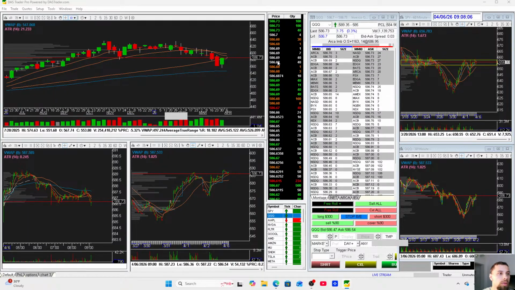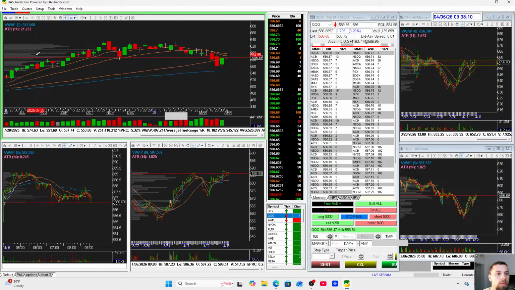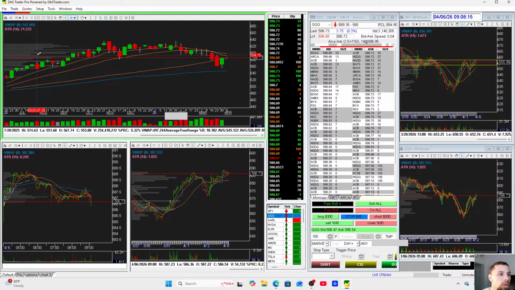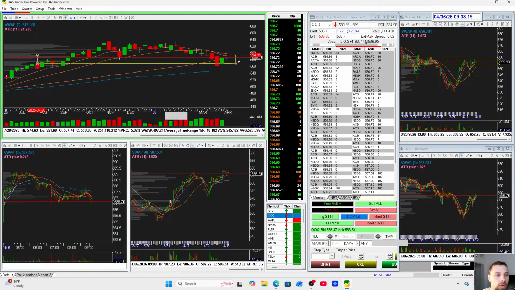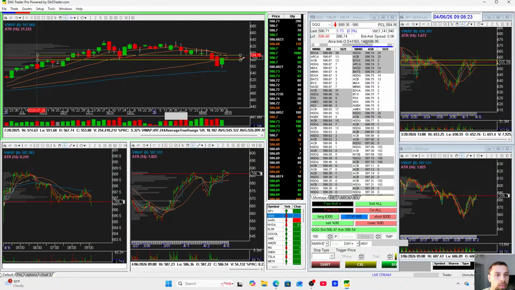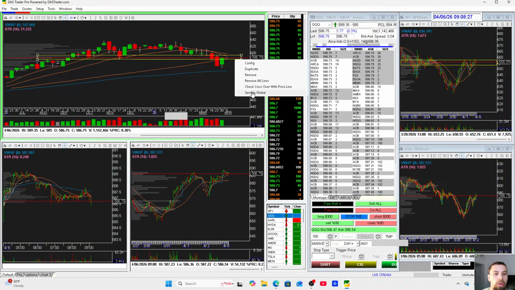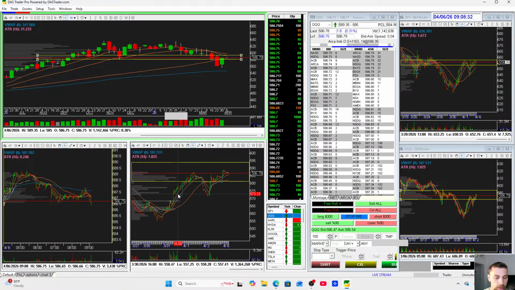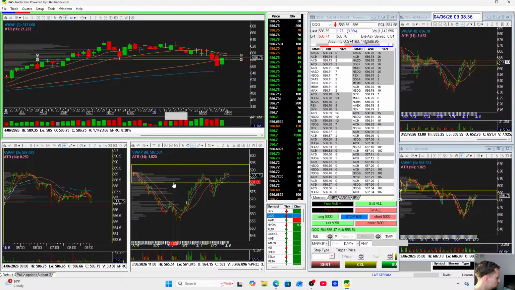Okay. Alright, area of resistance here that I'm going to draw for me is a 594. Area of support being around 581. So to me that looks good for support and resistance.